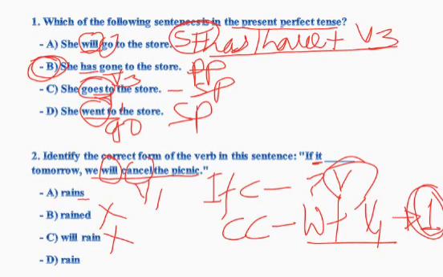In the question, the subject is singular, so in that case it takes the simple present tense form, and so the answer has to be A. It rains. If it rains tomorrow, we will cancel the picnic. This is the correct answer.